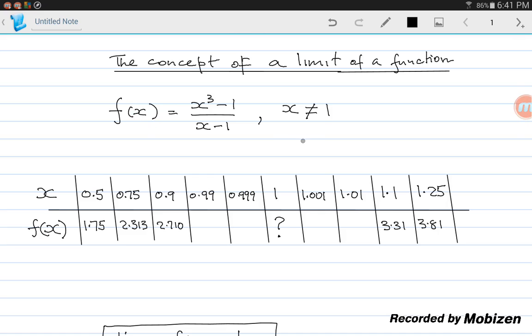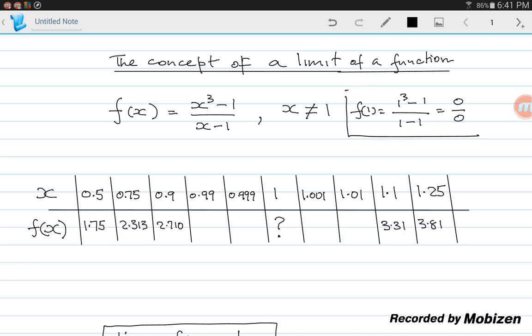But what happens at x equal to 1? We are not quite sure. But if I substitute x equal to 1, we get that f of 1 is equal to 1 cubed minus 1 over 1 minus 1, which gives us 0 divided by 0.